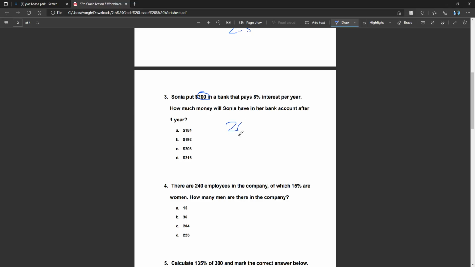So 200, 8% of that, you multiply by 0.08 because you need to convert this to a decimal, and you should get 16. But this is how much money she gets back from interest, and we're trying to find how much money she has in her bank account. So we add it to her total, which is 200. So 200 plus 16 equals 216, and the answer is D.